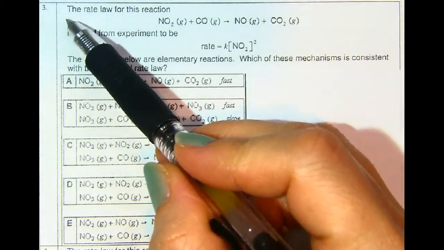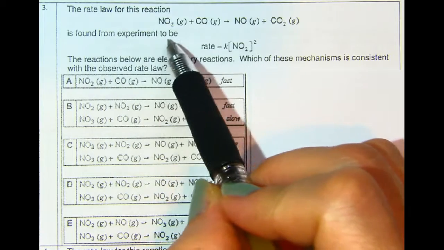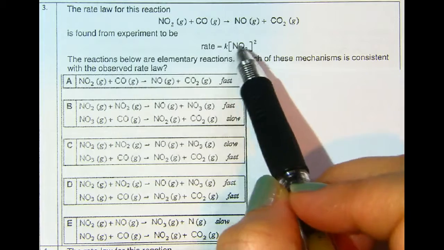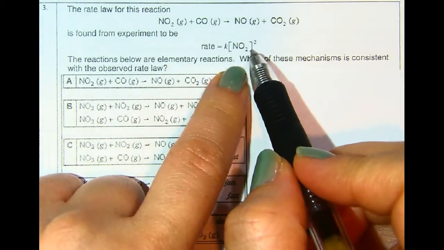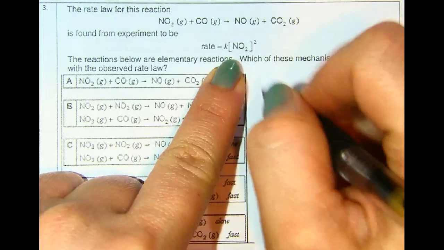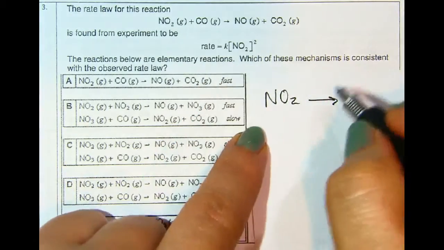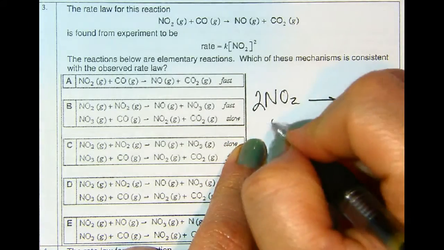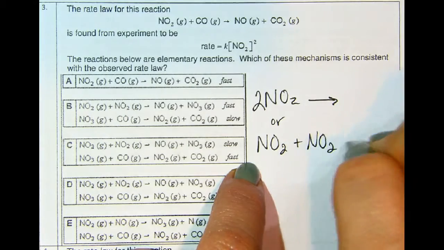Number 3, the rate law for this reaction is found from experimental data to be rate is equal to the constant times NO2 squared. If this is the rate law, then these must be the reactants in the slow step. And so the slow step would either be NO2 yields as my reactants, 2 NO2, or you might see the 2 NO2s separate from each other.